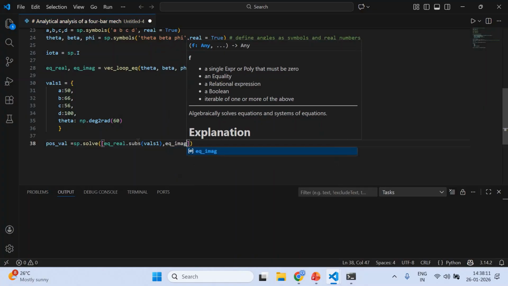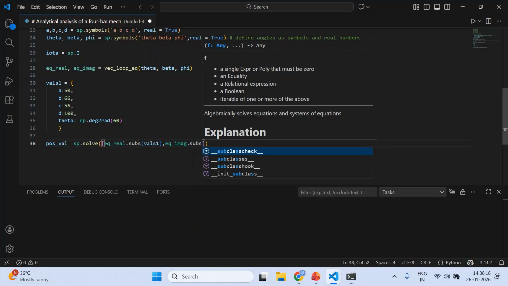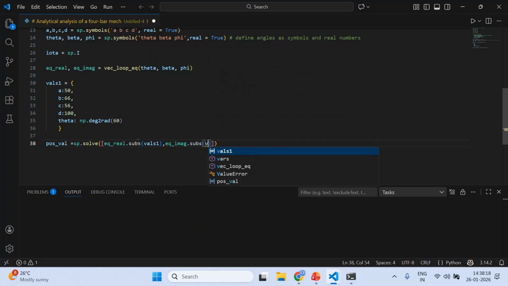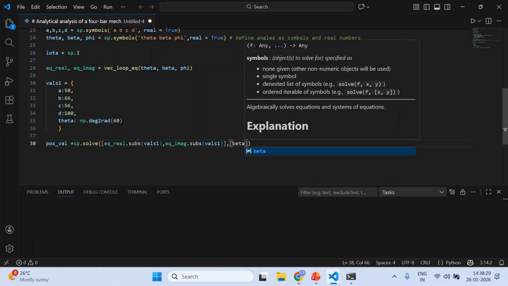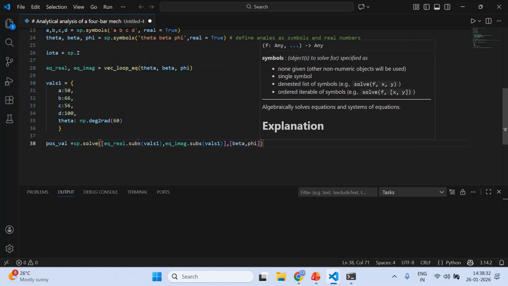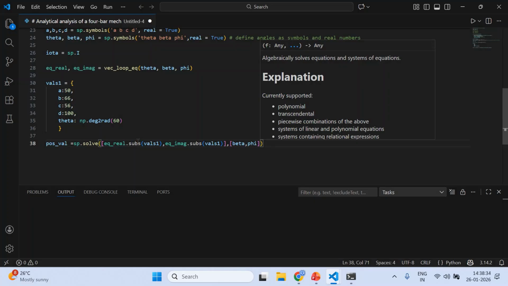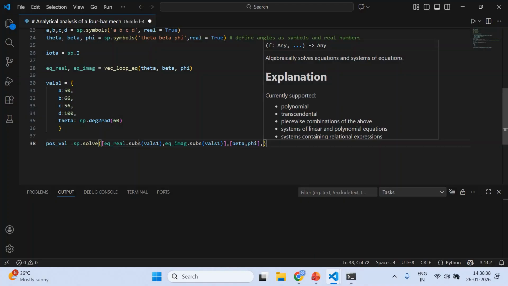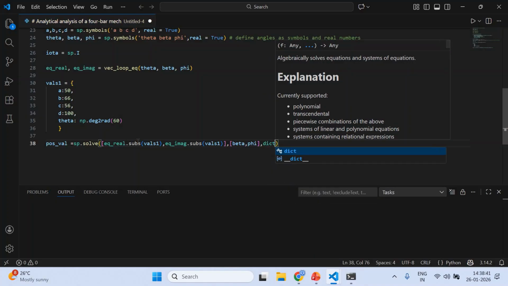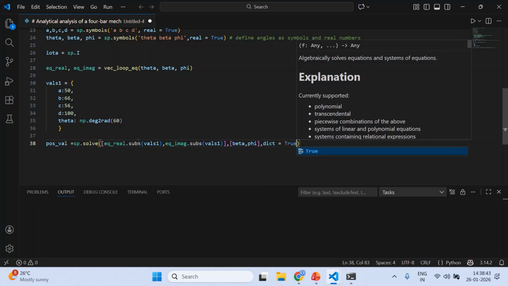The second equation will be equation_imaginary, then .subs, then in the bracket values1, and then finally this bracket will be closed. And then obviously we are solving for what? Beta and phi. So again close the bracket, and now we are storing these two values in a dictionary. So I will simply type dict equal to True.